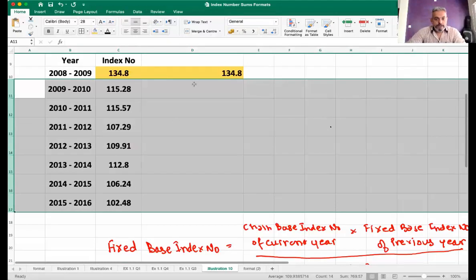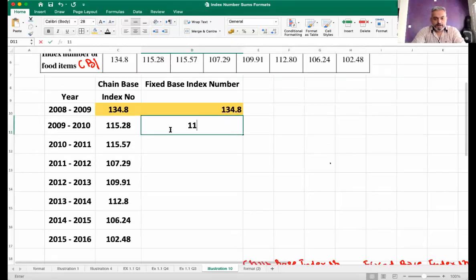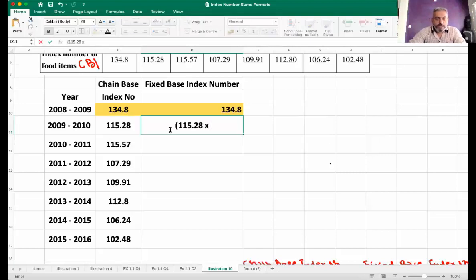Now, over here, the formula is chain base index number of current year, so I take in bracket 115.28 into FBI of previous year, 134.8, divided by 100, which is equal to, taking a calculator, 155.397, so 155.40.